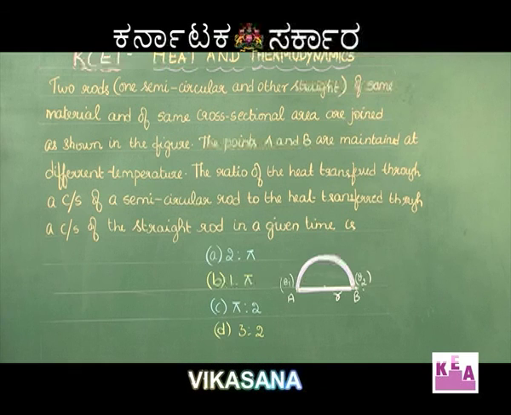2 rods, one semicircular and the other straight, of the same material and the same cross sectional area, are joined as shown in the figure. The points A and B are maintained at different temperatures.